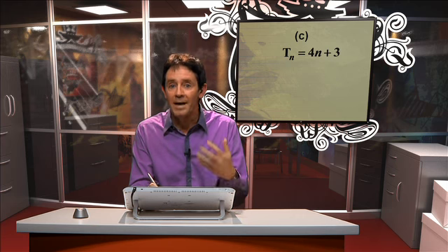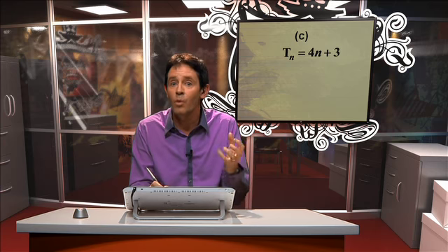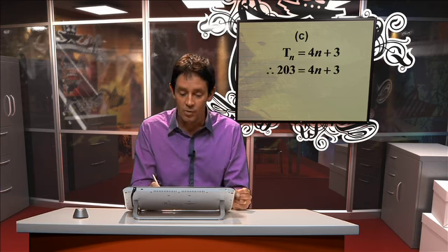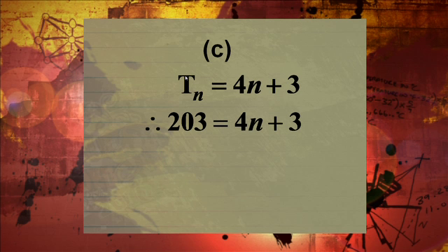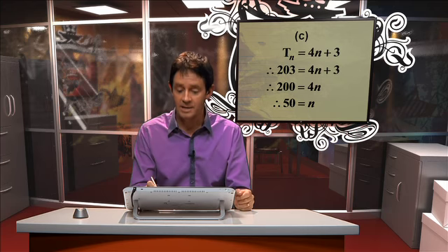But we've got a term, 203, and we don't know its position. So I write Tn equals 203, which equals 4n plus 3, and I can get the n, or the position. Bring the 3 to the left, and 203 minus 3 gives you 200 equals 4n, and n is 50. So the 50th term is 203.